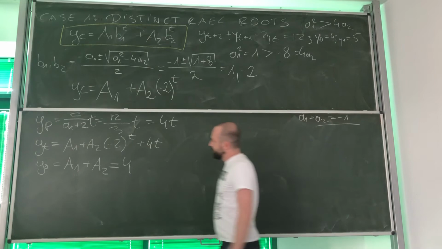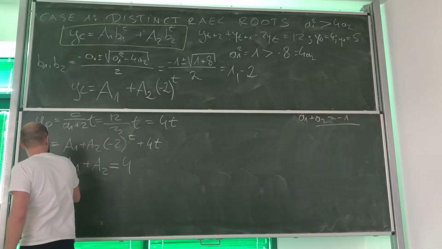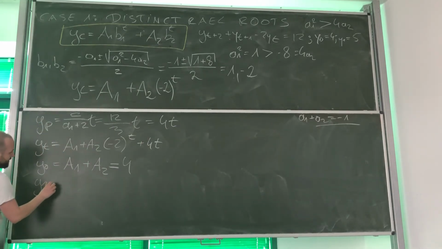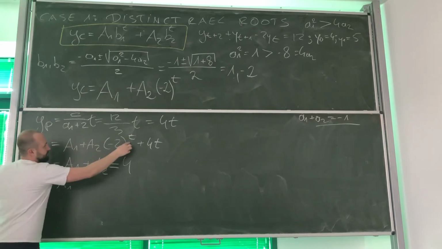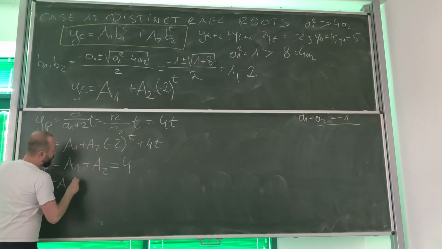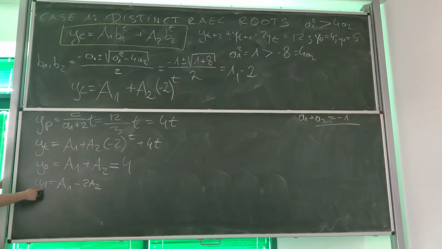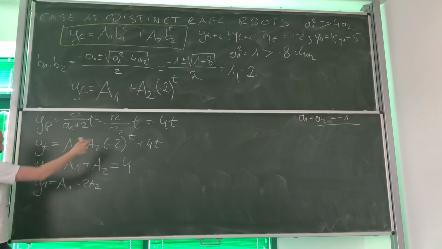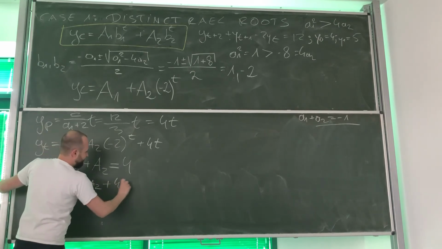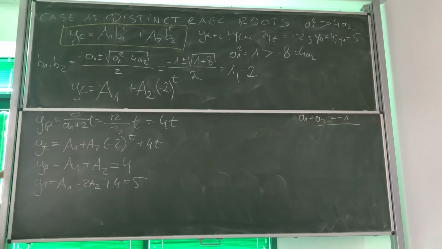Okay, and then we've got y1 equal now to A1 plus, so minus 2A2, right? We got 1, and plus 4 equals to 5.